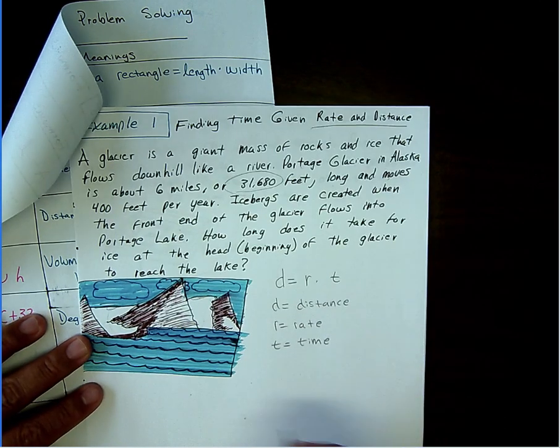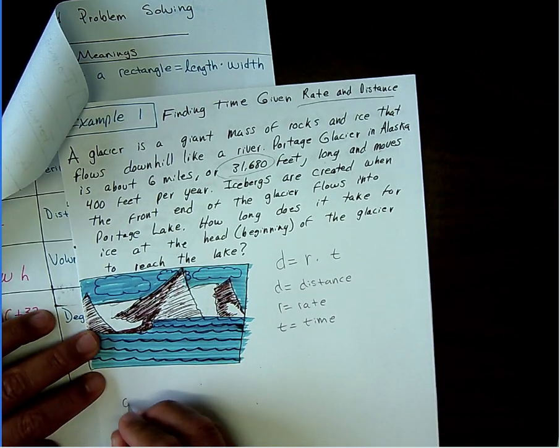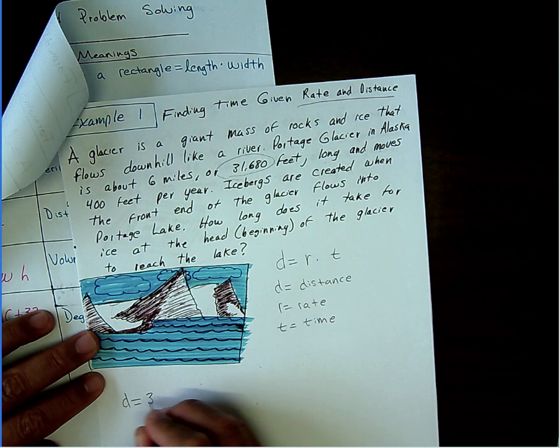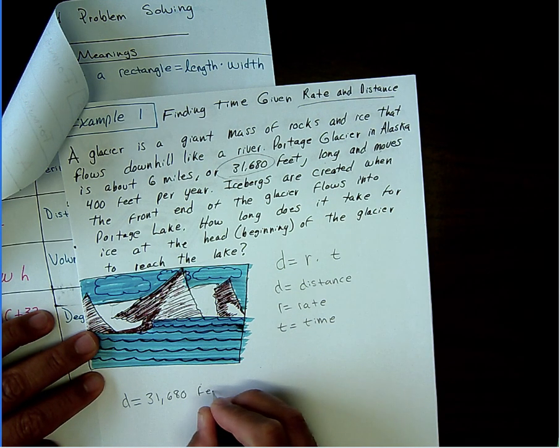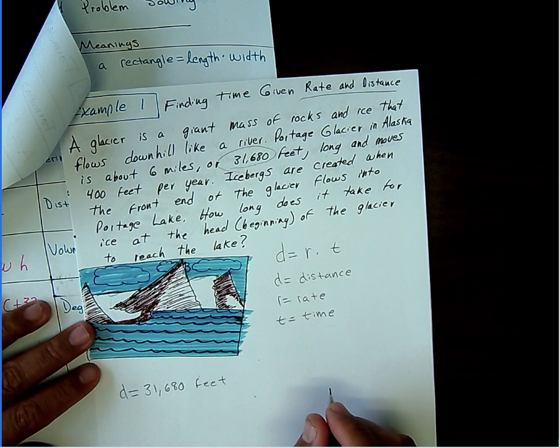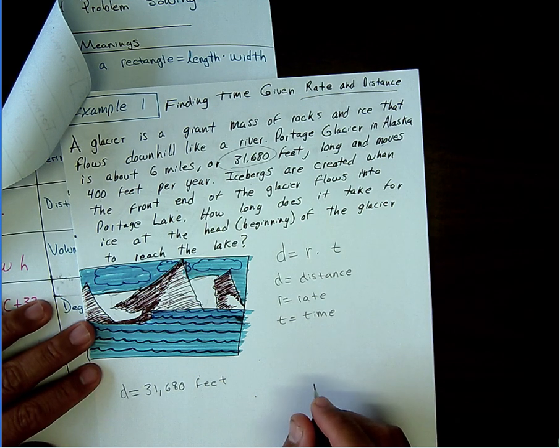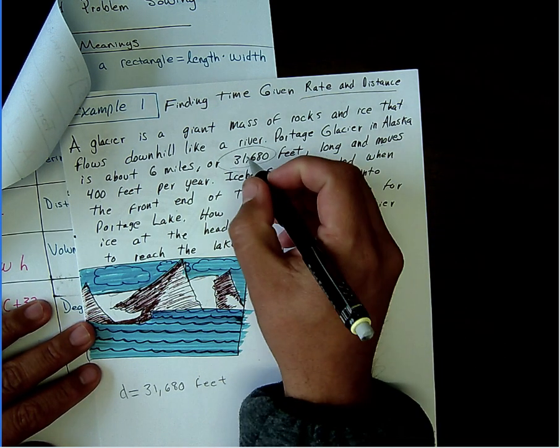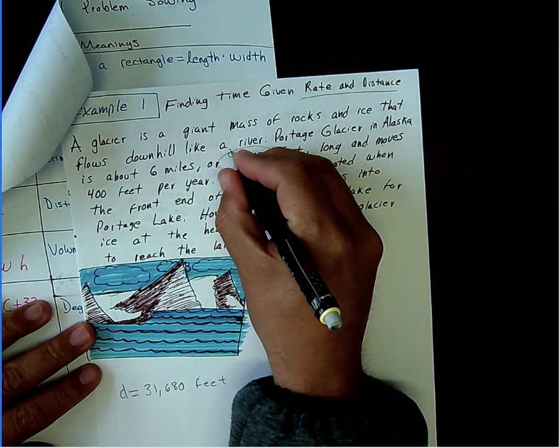So we can say that D is 31,680 feet. So the R would be the rate that it moves, and it tells us, let's keep reading, so this would be the distance.